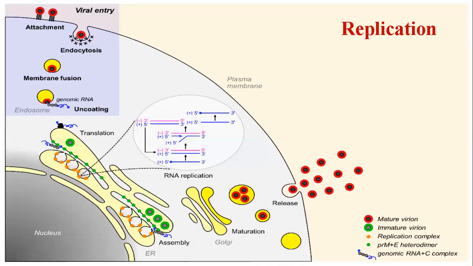After attachment or absorption at the cell surface, they enter the cell via endocytosis, and then we can see a membrane fusion. This fusion helps the virus enter the cell, and then there will be uncoating of the viral capsid as well as the envelope.